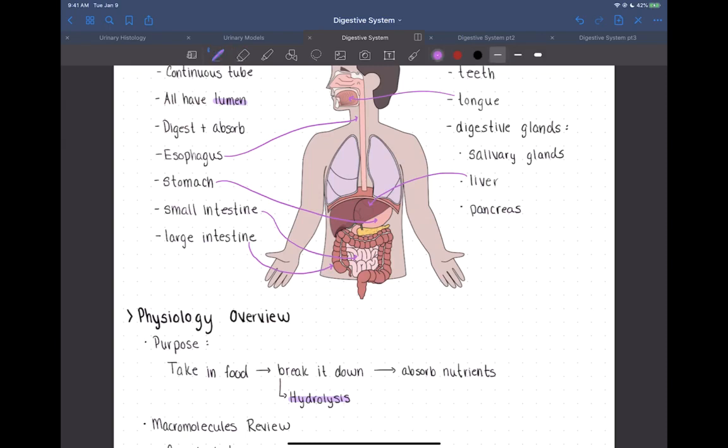And then lastly, we have the pancreas. The pancreas is this yellow organ here. If I were to outline it, it's tucked a little behind here. It kind of looks like this. So that would be the pancreas. It's tucked into the small intestine right here.